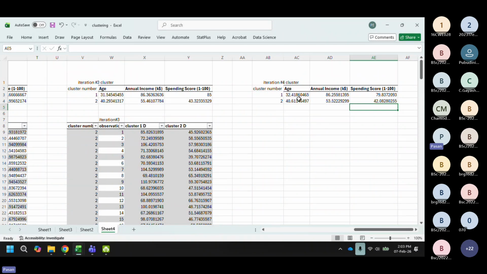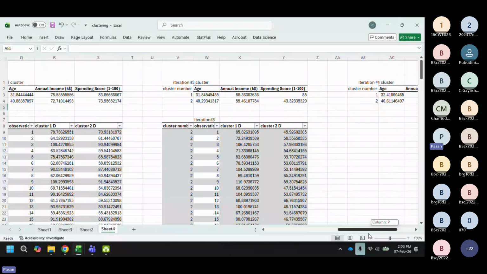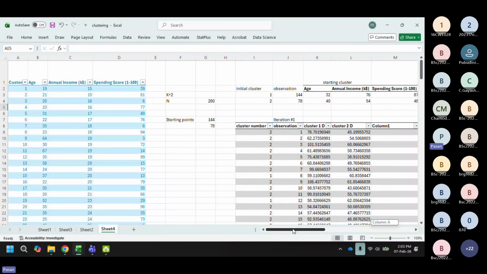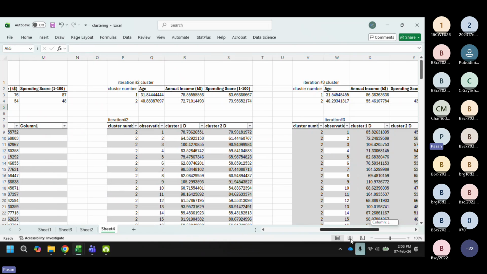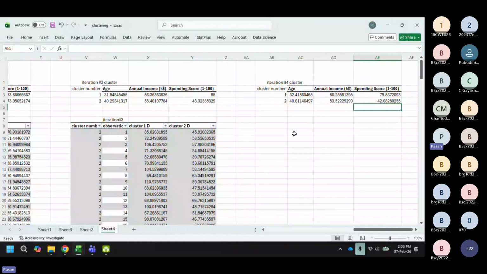And now if you compare them, once you compare them throughout here, starting from 32 here, right, and it goes to 31 and 31 and 32, that means the age value has kind of converged, right? You can see it is getting closer.